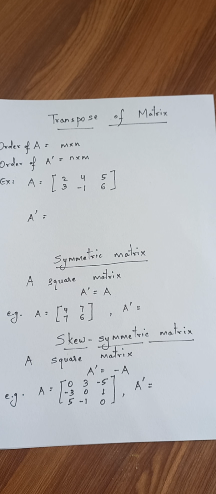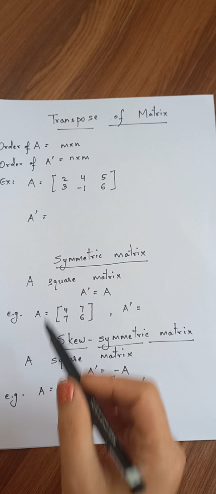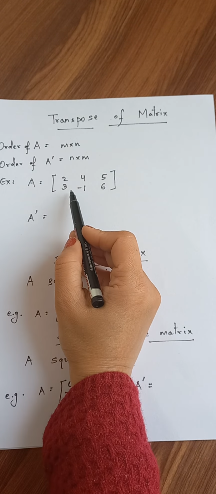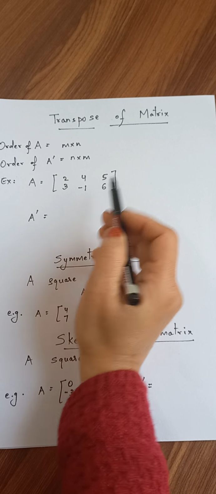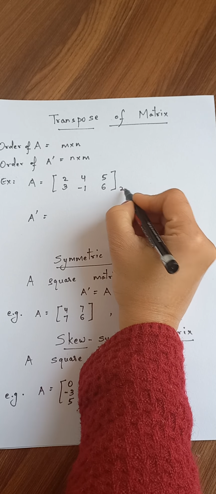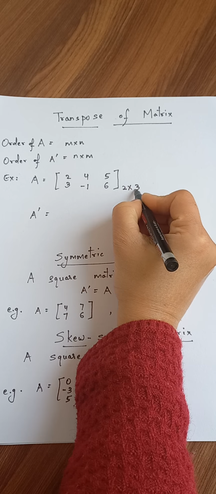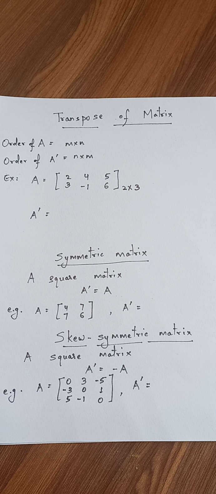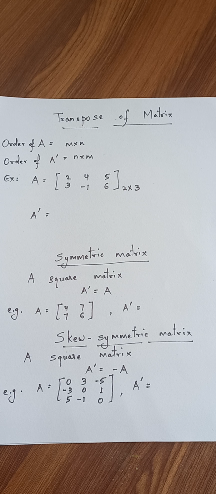For that, we must remember that transpose of matrix means if we are provided with some matrix A, its order is 2 cross 3. That means it has 2 rows and 3 columns. When we find the transpose of the matrix, its rows get transformed to columns and columns get transformed to rows.